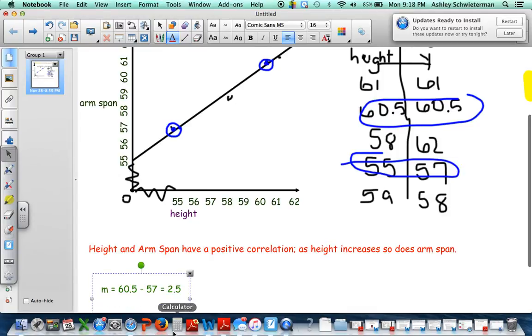And I'm going to take 55, since I chose 57 first, I have to choose 55 first. No, I did not choose 57 first, I chose 60.5 first, so I have to choose 60.5 first, minus 55, and I get 4.5.